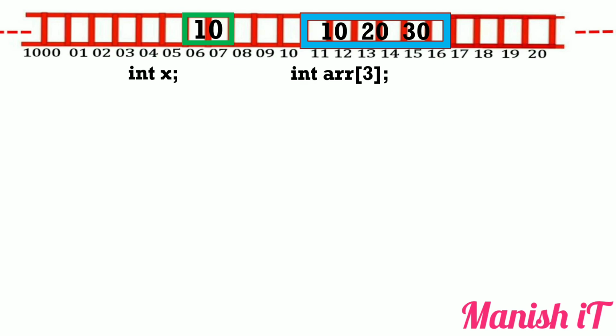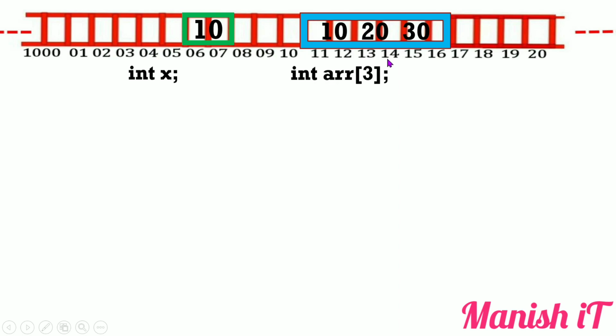Linked list is also a collection of similar data types, that is homogeneous, and it is a linear data structure, but its memory allocation may or may not be contiguous, as compared to an array, because an array has contiguous memory locations 1011, 1012, 13, 14, 15, 16. But in a linked list it may or may not be.